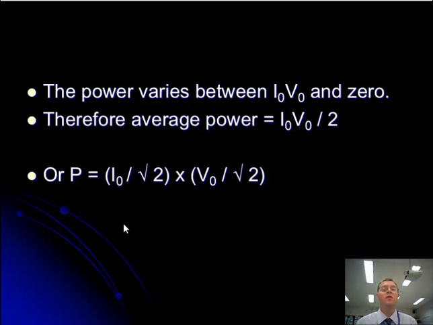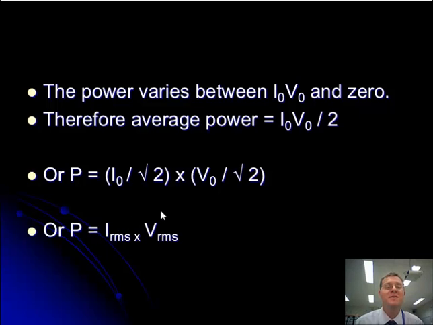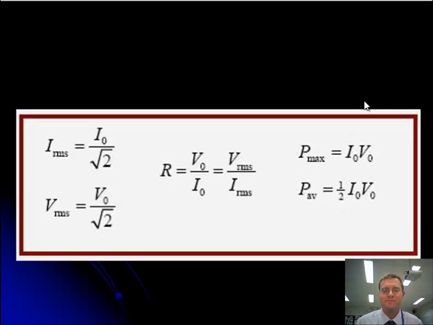So the average power is going to be equal to the peak current divided by root 2 times the peak voltage divided by root 2, or the power is going to be equal to the RMS value for current multiplied by the RMS value for voltage. So all these things come together.